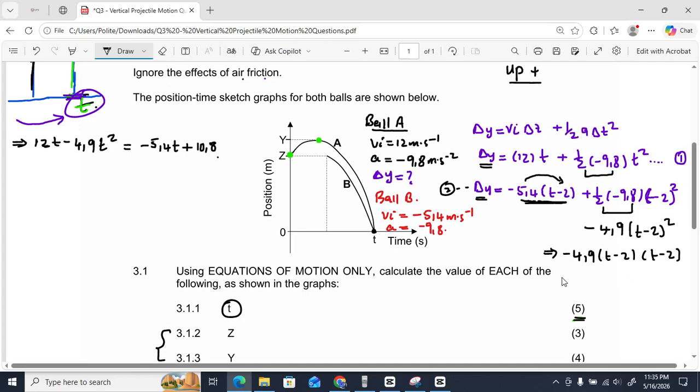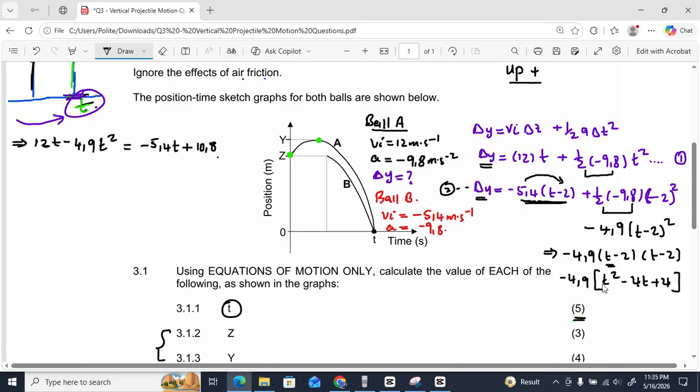First thing first, before I multiply out the bracket by the 4.9, I need to use the FOIL method to know what that is. So this is t squared minus 4t plus 4. I need you to verify that by pausing the lesson and using your FOIL method. First multiply the bracket with t, then multiply the other bracket with minus 2, then add the like terms.